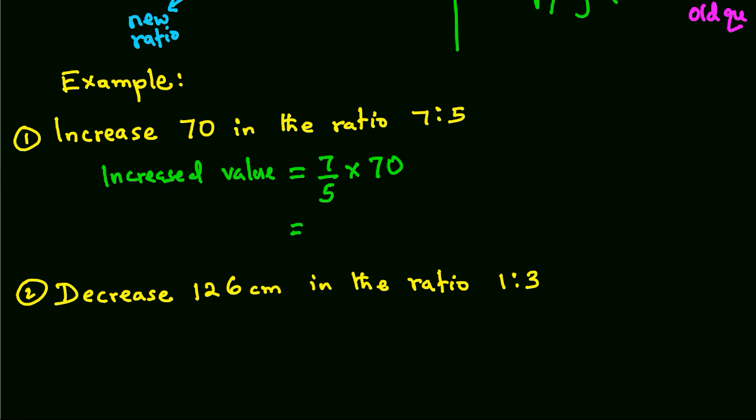So that would give us 98. So in this case, it is important to note that 7 over 5 is our multiplying factor.